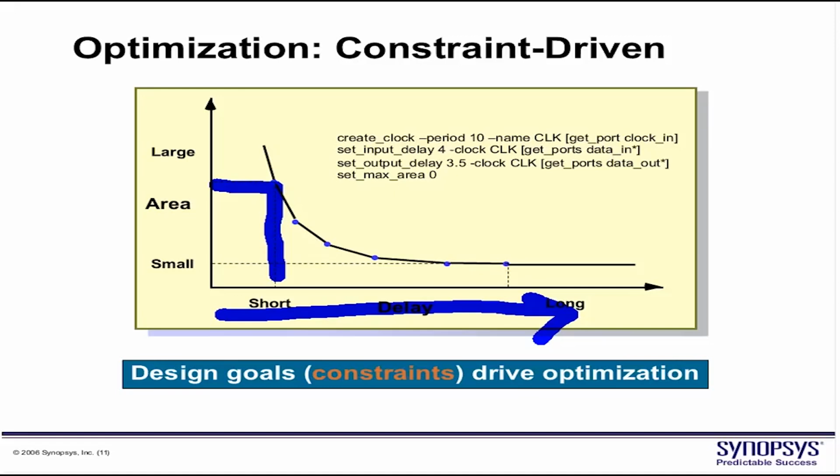Now, if you want to reduce area, what you would do is you would add more sequencing. Let's say you have a decoder kind of example. The more parallel paths you have, the larger will be your area, and it will be faster. But if you increase the number of stages, the area will be less, but the circuit will be slower.